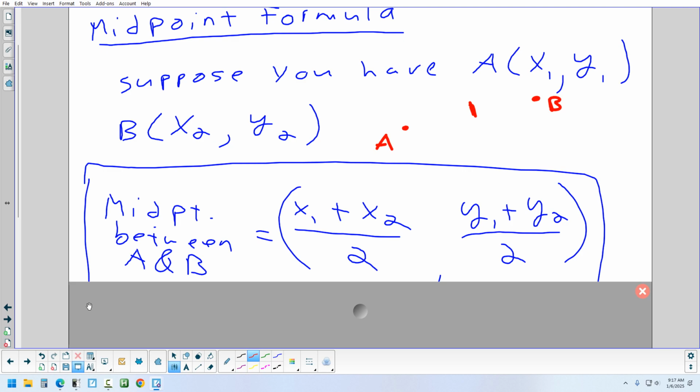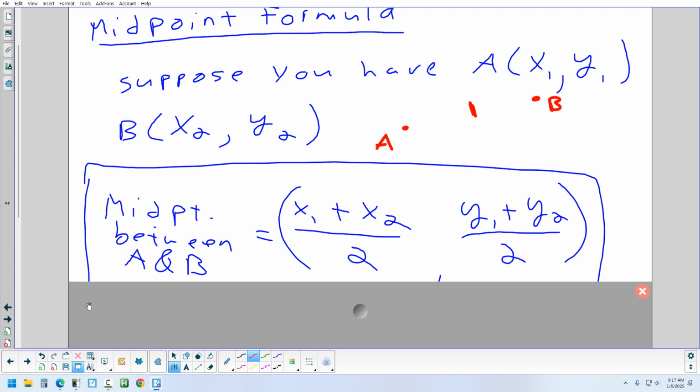You add up the two x's and divide by 2, and that gives you what's exactly halfway between the two x's. And then separately, you add up the y's and divide by 2, and that gives you what's halfway between the y's. So another way to think of the midpoint formula, it's the average of the x's, comma, average of the y's. That's all it is. It's two averages.